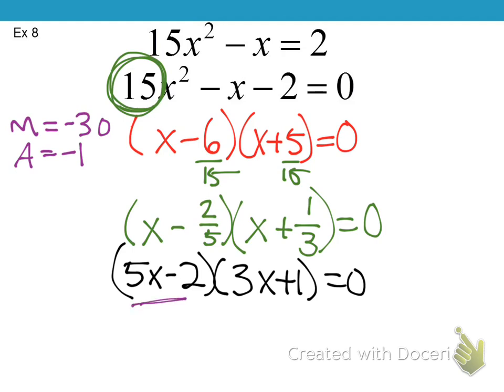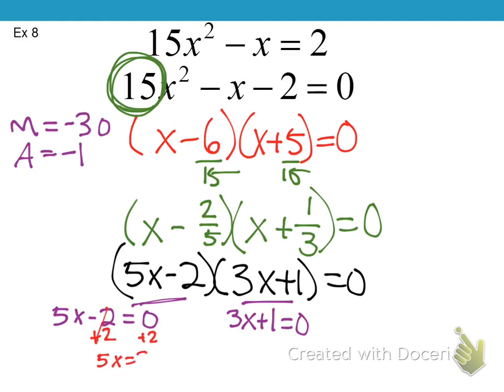All right. So make them both equal to 0. All right. Add 2 to both sides. So 5x equals 2.